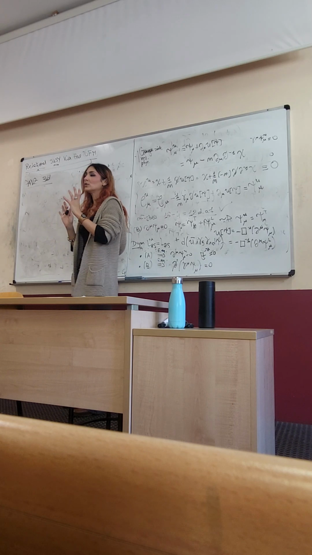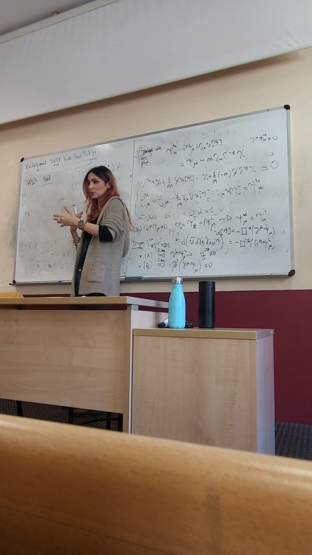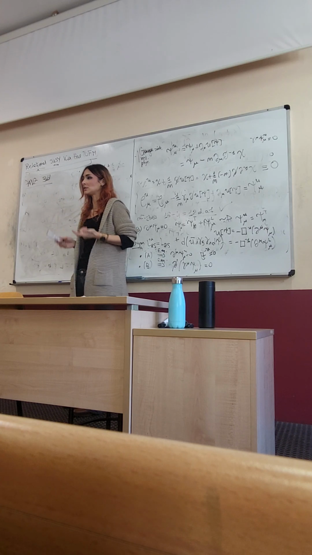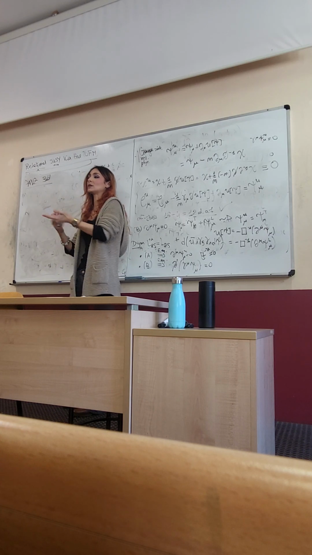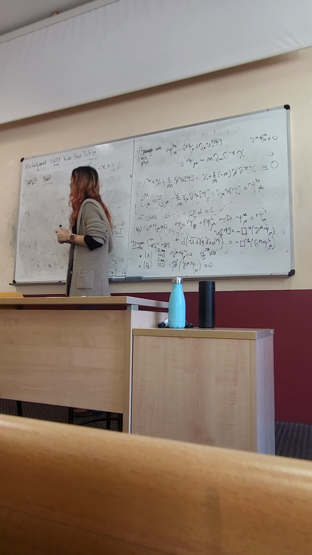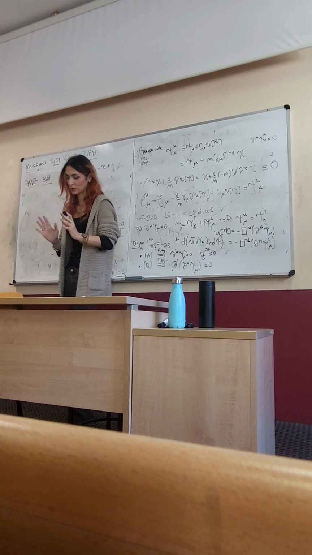This dressing procedure, by means of which we get to the matter ansatz, does not depend on the amount of supersymmetry or on the dimensionality of the theory, so on the spacetime dimension. But let's consider the model that we know the best for doing this.